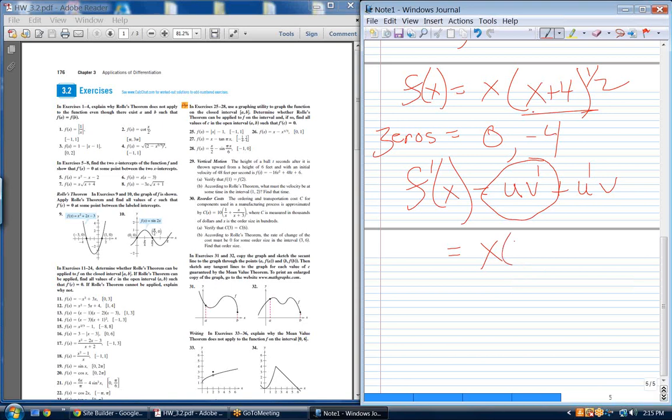Do the derivative of the outside first: 1/2 times x plus 4 to the negative 1/2, subtracting 1 from the exponent. Then multiply it by the derivative of the inside, which is just 1. Plus this part here, u prime v. That's just x plus 4 to the 1/2.